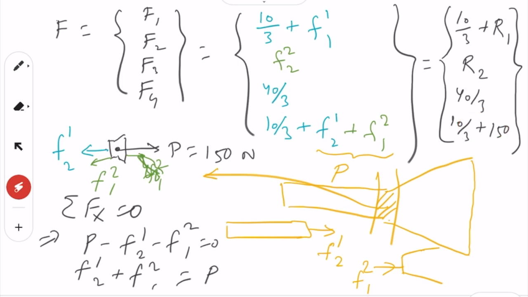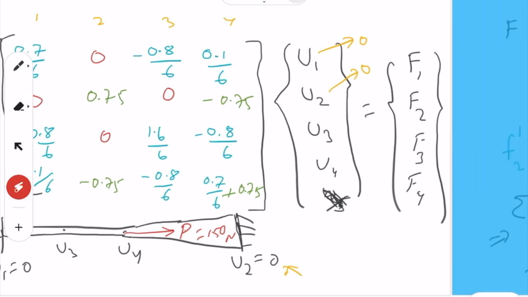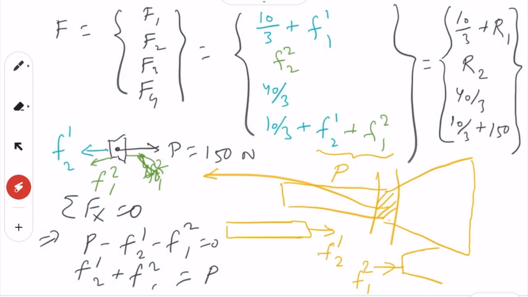So we have K multiplied by 0, 0, u3, u4 that we have found out, equal to f1 and f2, where f1 is equal to 10 over 3 plus r1, this r2, right?